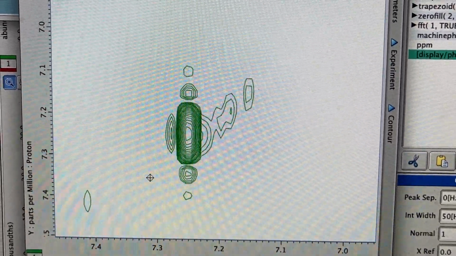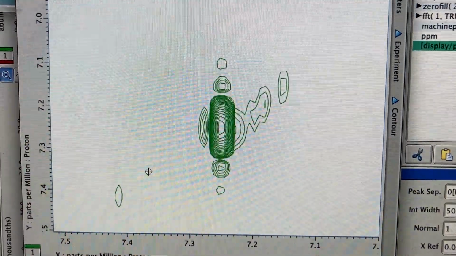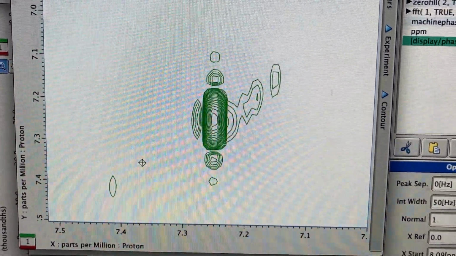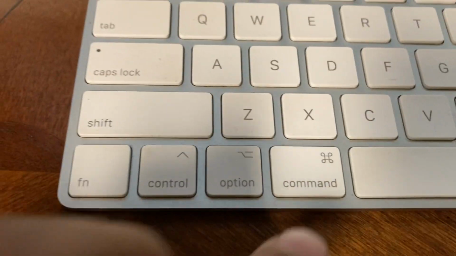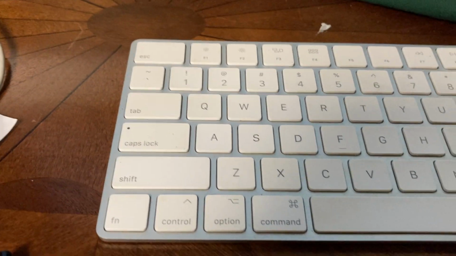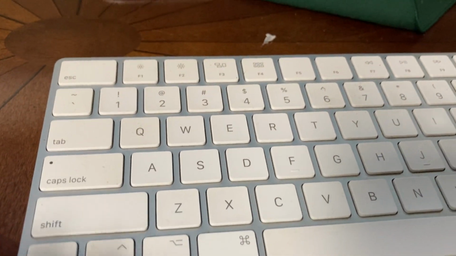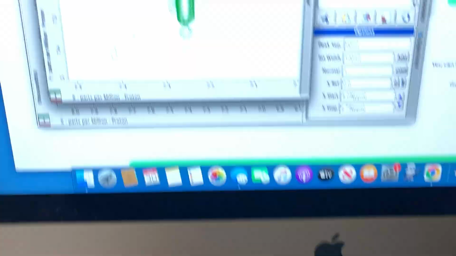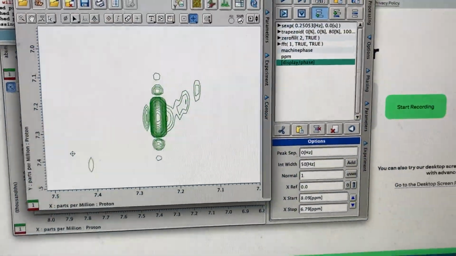On COSY, if you think some peaks are missing, what you can do is enhance it. On the Mac, you press the Control key and then scroll your mouse. So I'm going to press Control, and then you can try to scroll your mouse up and down and see what happens.